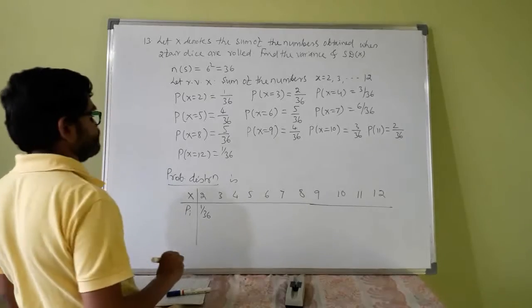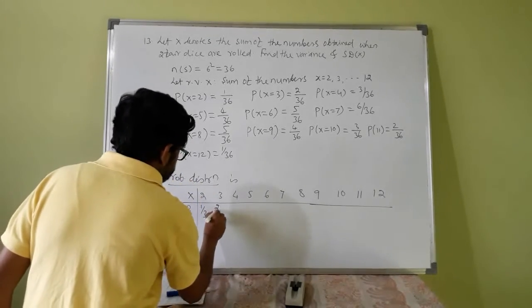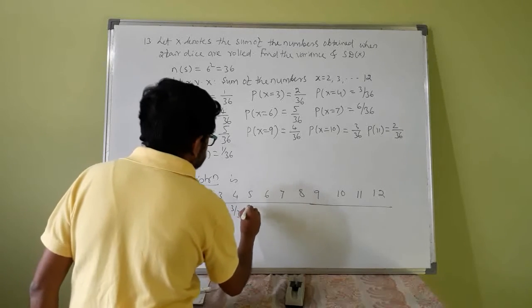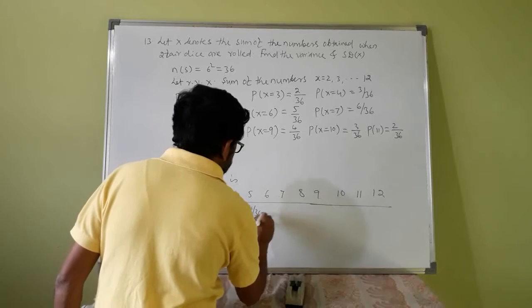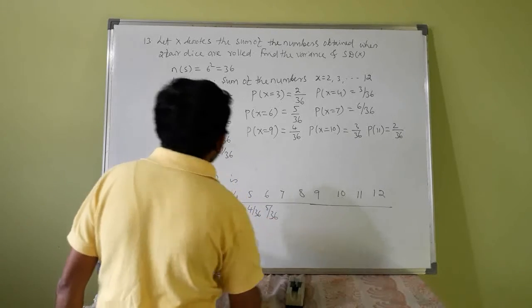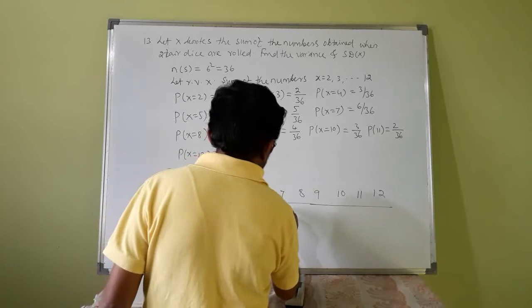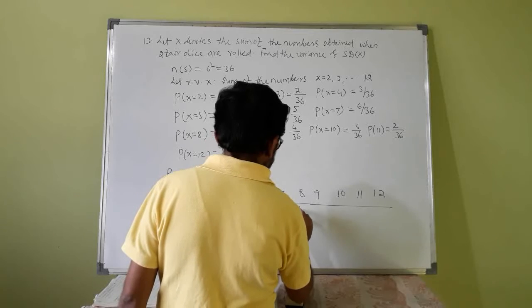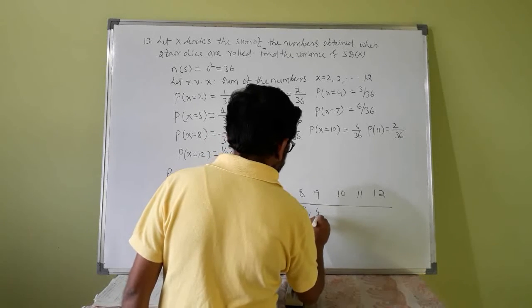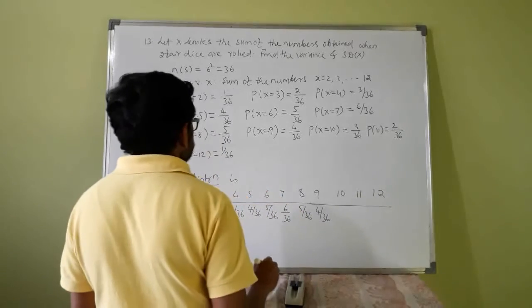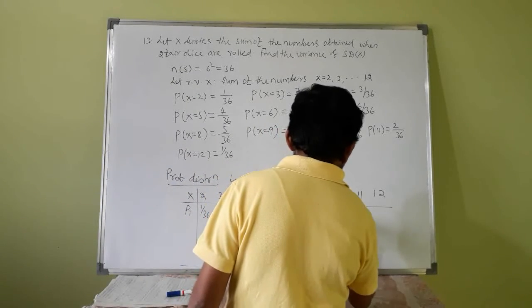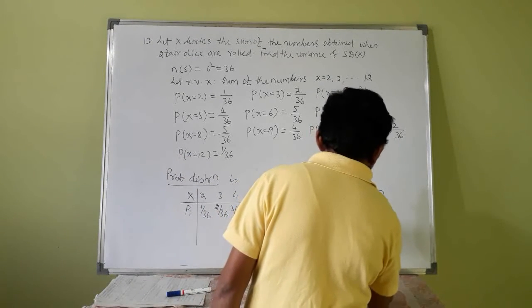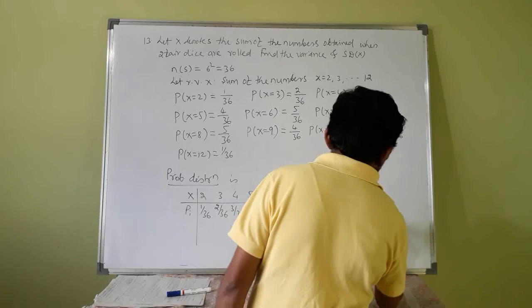These are pi. 3 is 2 by 36. 4 is 3 by 36. 6 is 4 by 36. 5 by 36. 7 is 6 by 36. 8 is 5 by 36. 4 by 36. 10 is 3 by 36. 11, 2 by 36. 1 by 36.